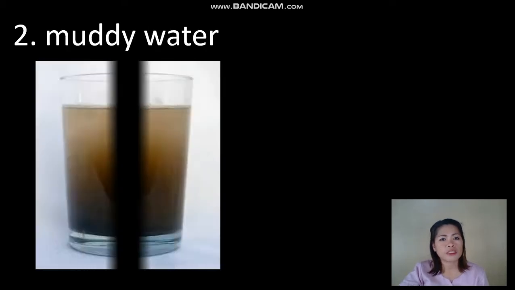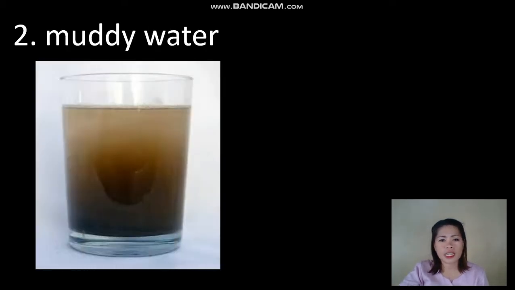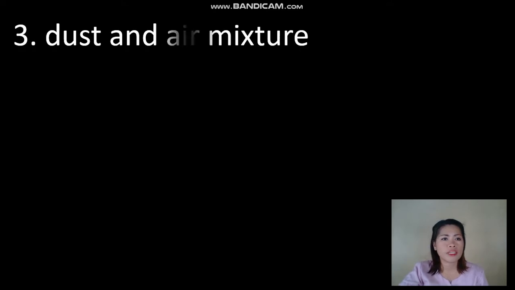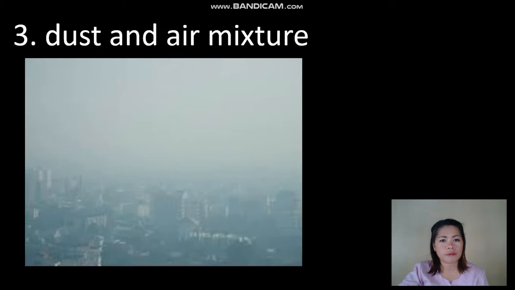Number two, the muddy water. This is a glass of water with mud. This is still a suspension, wherein the mud settles down at the bottom of the glass. Number three, the dust and air mixture, still a suspension.